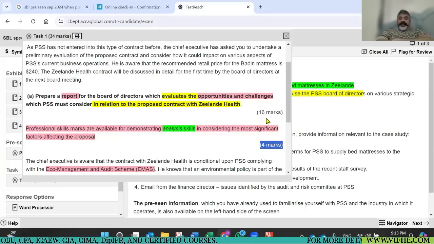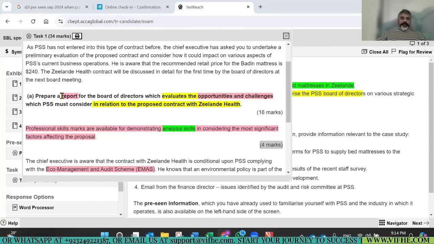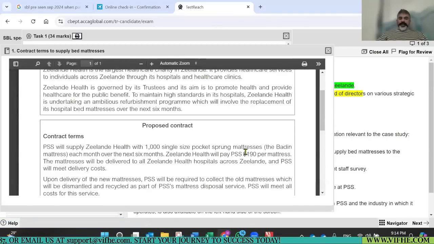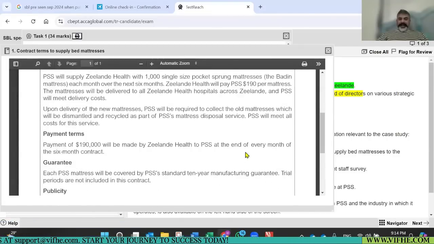Now, when do we read the exhibit? Because exhibit 1 is there, right? So the reading of the exhibit is also part of 36 minutes. When do we make the format? Because we have a format, a report format there. Again, it's part of 36 minutes. So this 36 minutes is all inclusive. You have to read the requirement properly. You have to make the format. Then you will open up exhibit 1, because we know that exhibit 1 is for 1A.